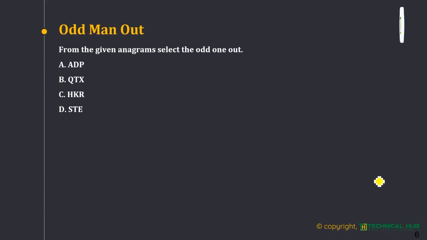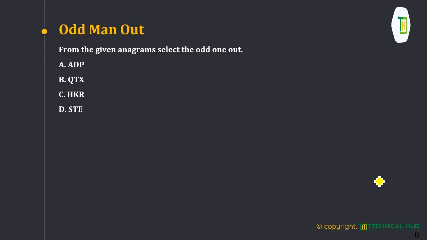From the given anagram, select the odd man out. So ADP, QTX, HKR, and STE. While solving questions like this letter odd man out, I think SAR has given you 3 rules.